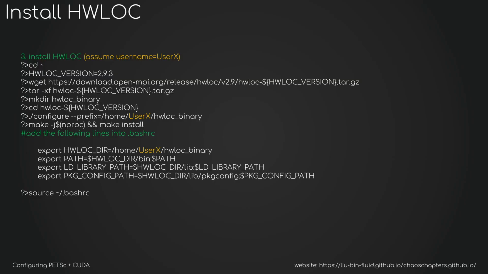To install the hwloc library, we first enter the user's home directory, create the folder called hwloc_binary to store its binary files, download the latest hwloc tarball, and extract. Once we are inside the source codes, we type configure with the prefix flag, followed by make and make install. We also subsequently add the installed hwloc libraries into the searching paths in our operating system and source the bashrc file.